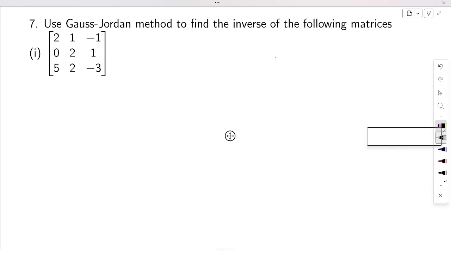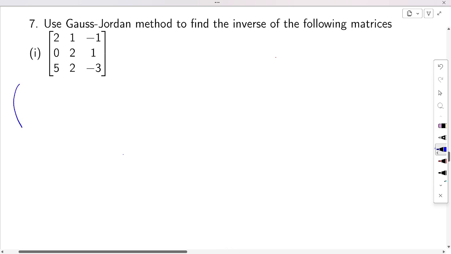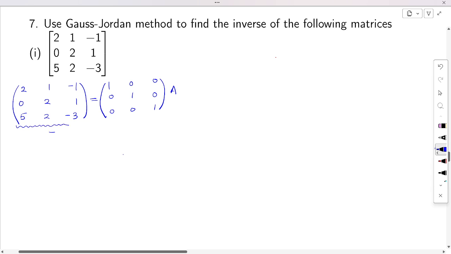We write this matrix A as A equals I times A, so we can write it as the matrix 2 0 5, 2 1 minus 1, 0 2 1, and 5 2 minus 3 is equal to 1 0 0, 0 1 0, 0 0 1 multiplied by A. Now what do we do? We apply elementary row operations and try to convert this matrix into the identity matrix.